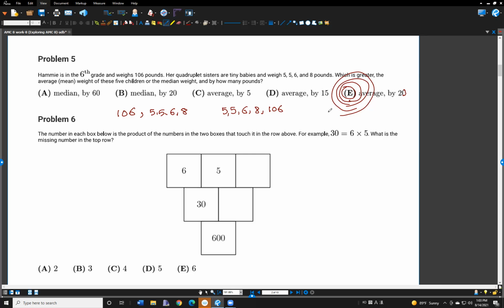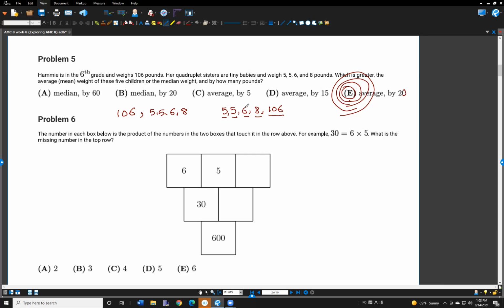Okay, let me check the right answer, number 5. When you arrange these in order from smallest to highest: 5, 5, 6, 8, 106. What does the average mean? The sum of all these numbers divided by 5, isn't it?